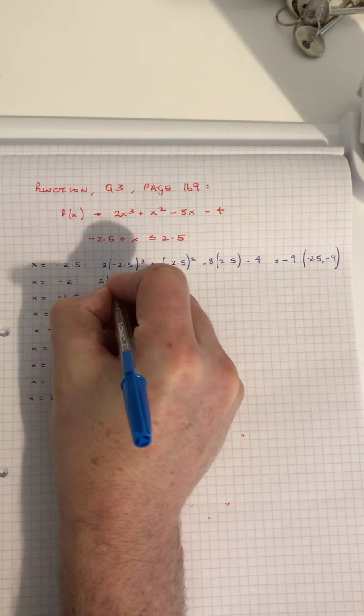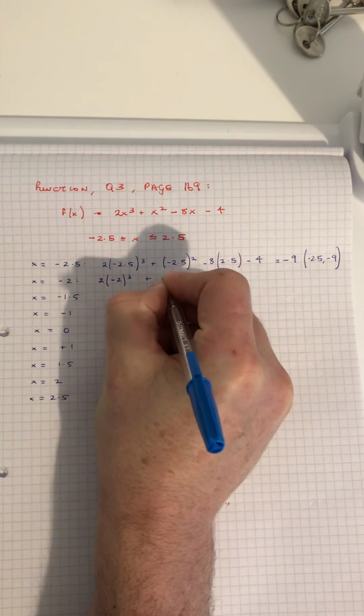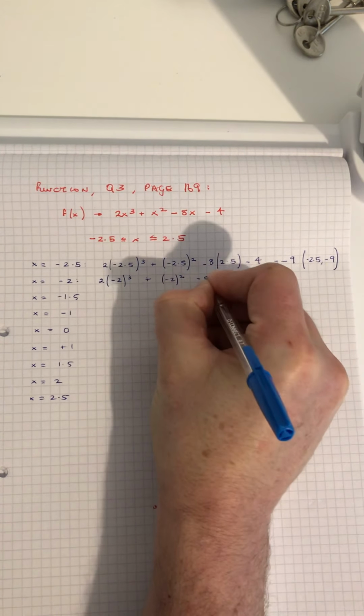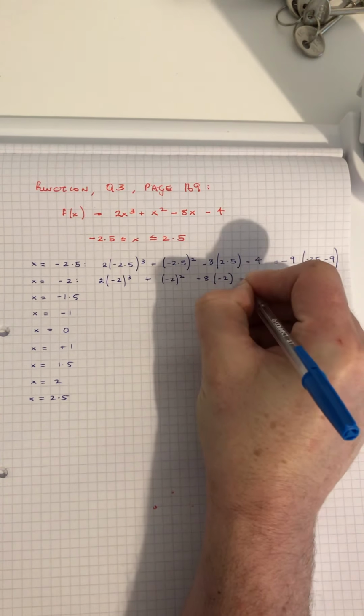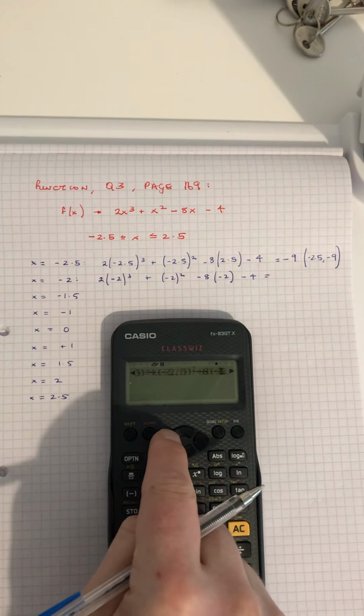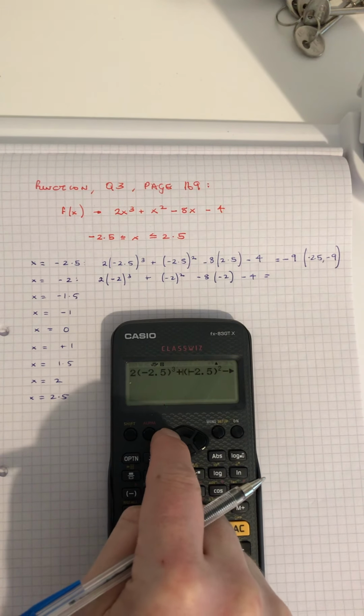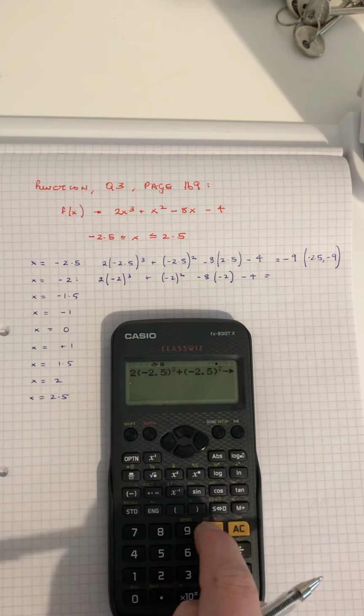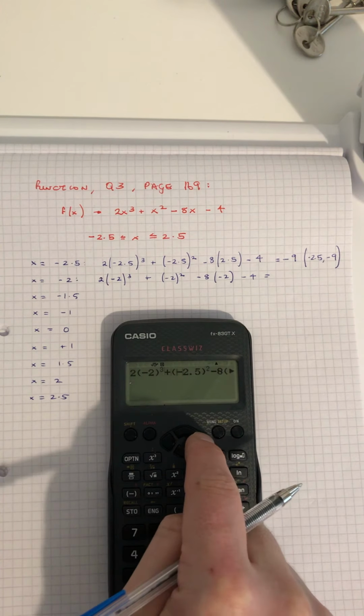So 2 times minus 2 cubed plus minus 2 squared minus 8 times minus 2 minus 4. So on your calculator, change the minus 2.5 to just minus 2.